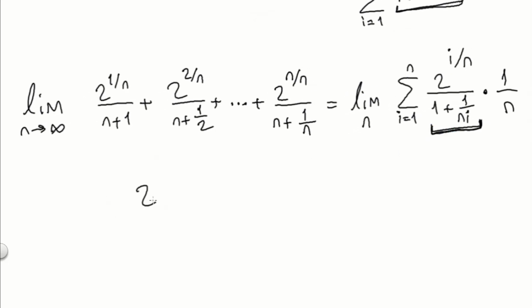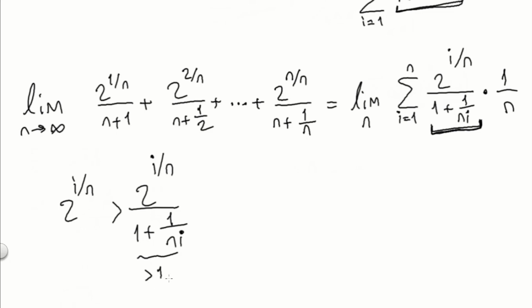I'm writing it as 2 to the I over n over 1 plus 1 over n I. Okay, cool. I know that n and I are positive, so this thing is bigger than 1, but 1 over that thing is less than 1. So this thing is less than the numerator itself, 2 to the I over n.